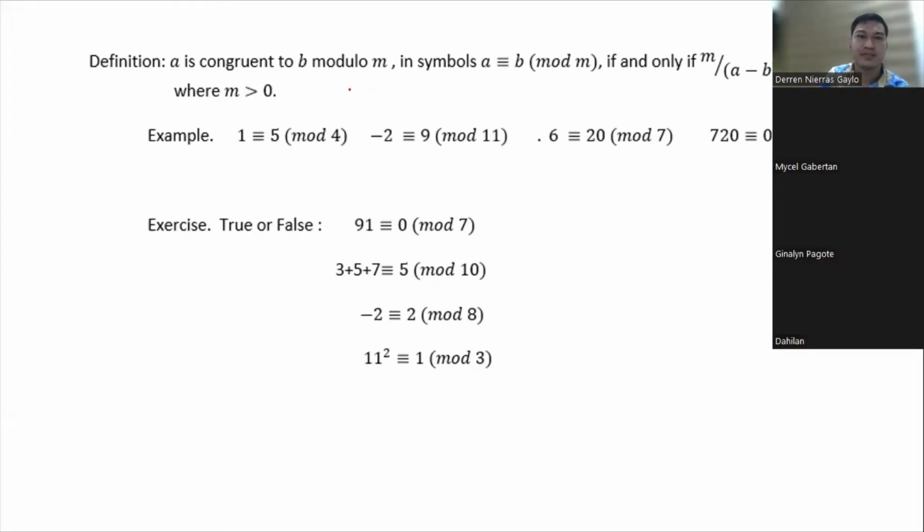Because based on the definition, A is congruent to B modulo M. If A is our 1, B is our 5, and M is 4, if and only if M, which is 4, divides A minus B. Our A is 1 minus our B is 5. 4 divides negative 4. Is this correct?